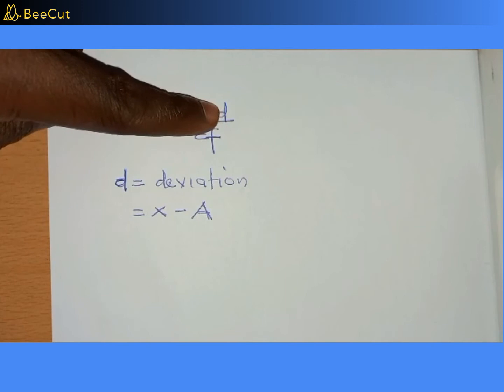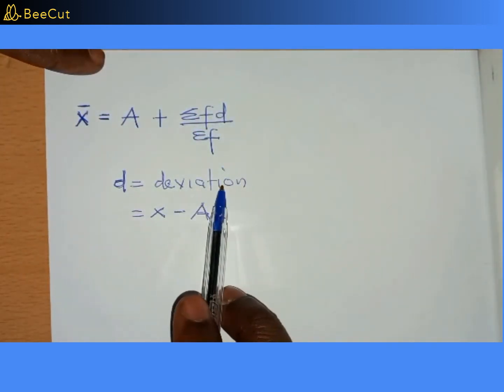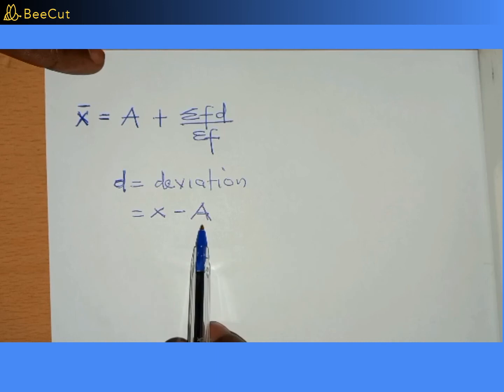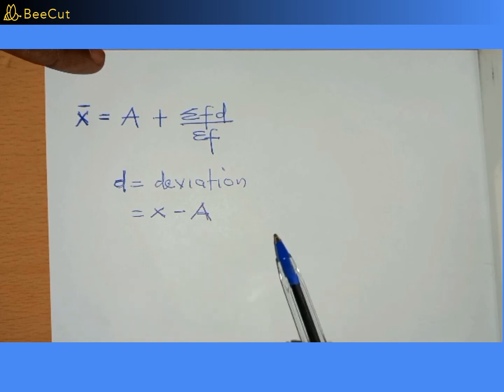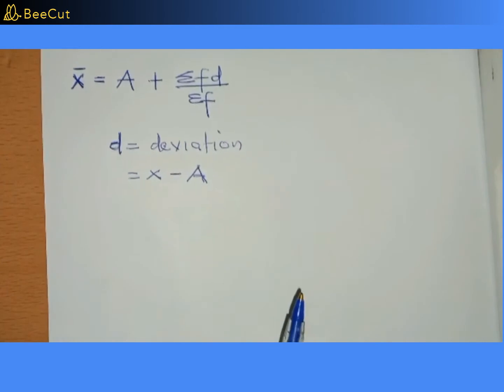So the d that we are seeing here is what we call the deviation, which is the x values minus the assumed mean that the question will decide for you. That is it. On that note, we are going to take a question and see how we use this particular formula.